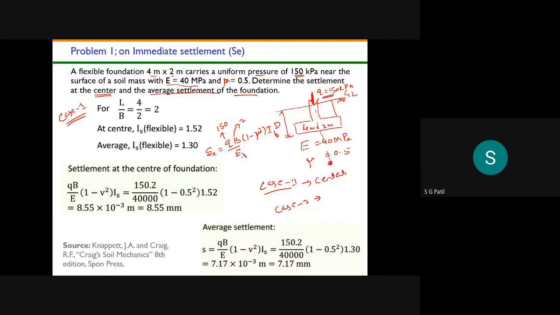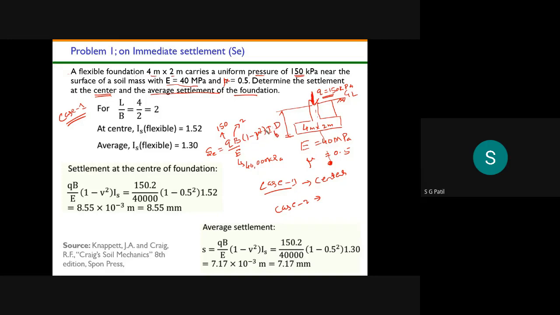Young's modulus of the soil is 40 MPa. Since Q is in kilopascal, I have to put E also in kilopascal, so that means 40,000 kilopascal, and mu is 0.5.